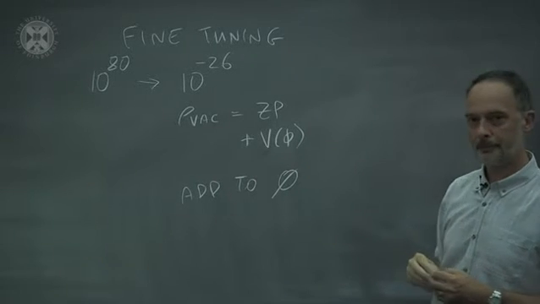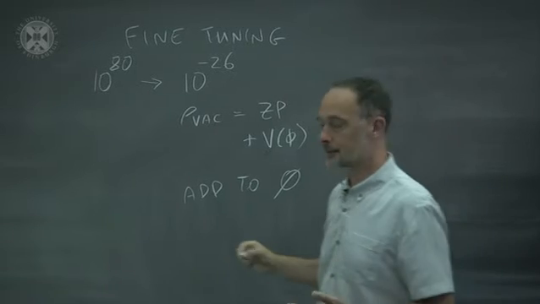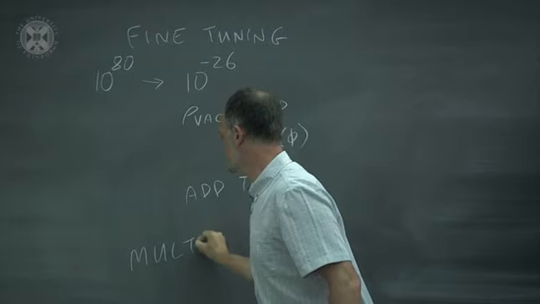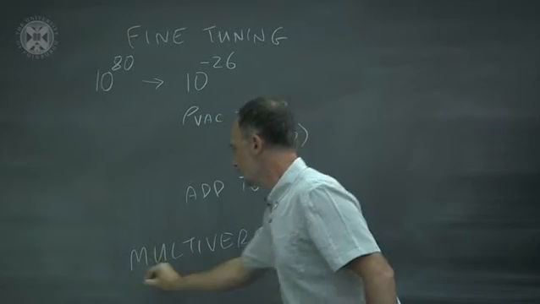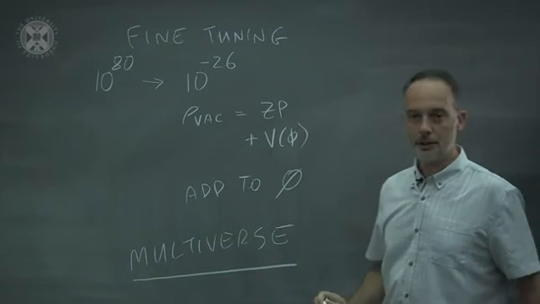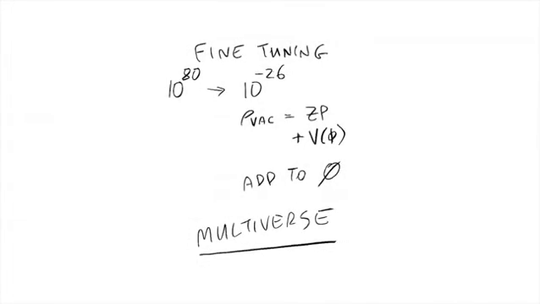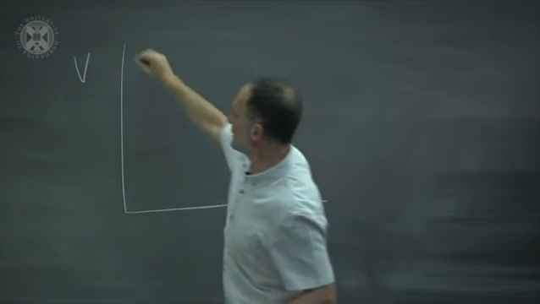How can that be? Well, there is one suggestion for solving this, and as far as I know, the only one that works. Which is to say that rather than living in a universe, we live in a multiverse. So to see how this could work, let's imagine a more complicated potential, one with lots of different minima.